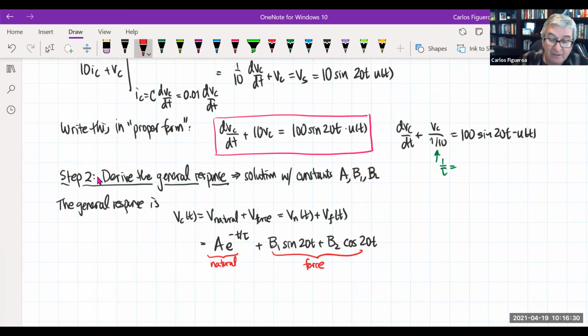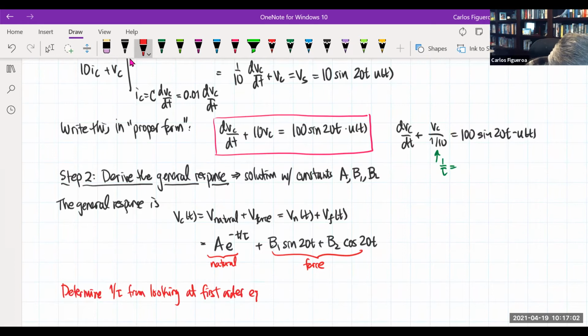So the first thing I would probably do here is determine 1 over tau right away. I would determine 1 over tau from looking at the first order equation.